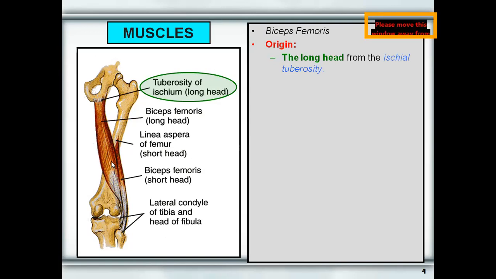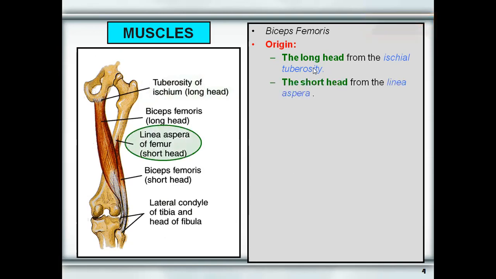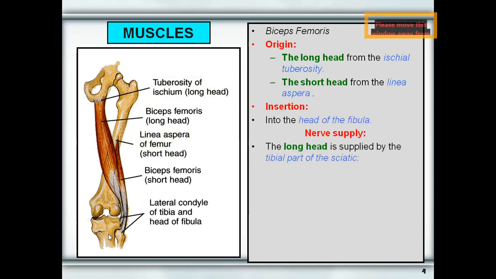The biceps femoris gets inserted into the apex of the head of the fibula bone. The origin and insertion were discussed when we did the osteology part. Let us revise: the long head comes from the ischial tuberosity and the short head from the linea aspera, and the insertion is into the head of the fibula.